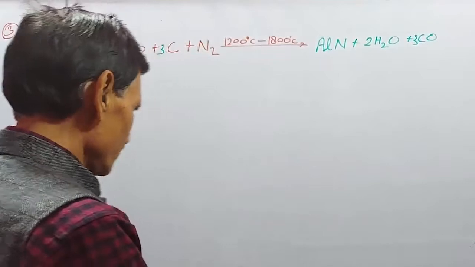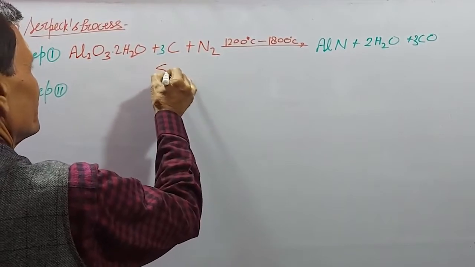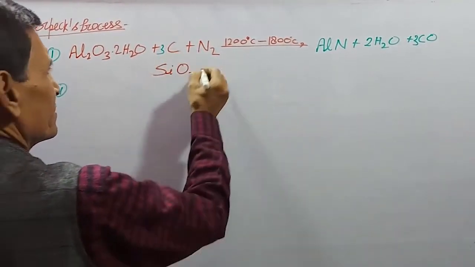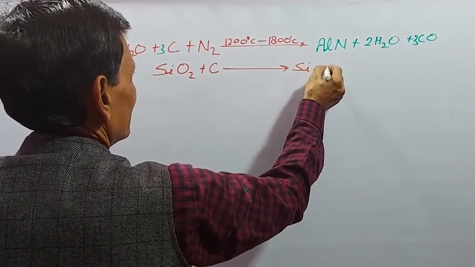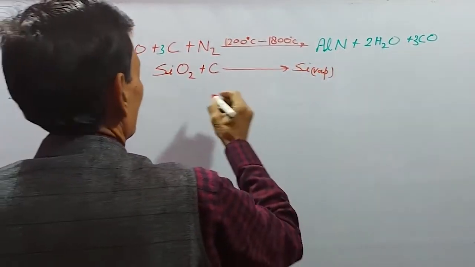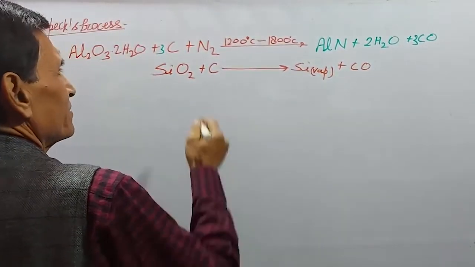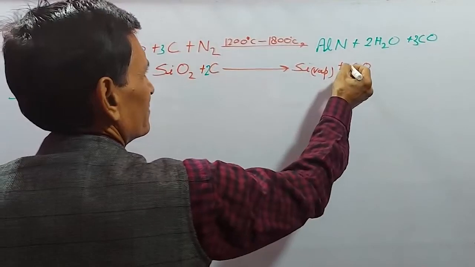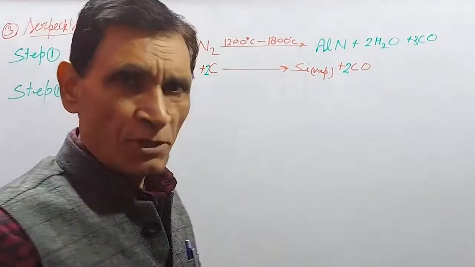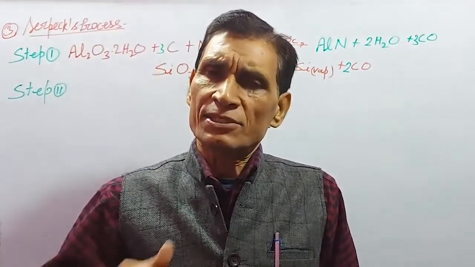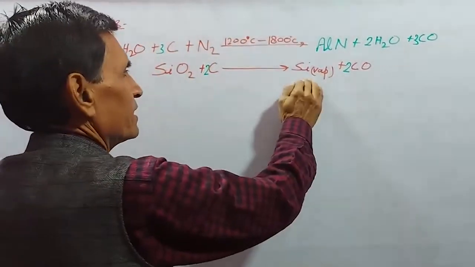That SiO2, in the first step only, present as impurities, is reduced to silicon in vapor state, silicon plus carbon monoxide. This silicon dioxide reduced to silicon vapor volatilizes off, is escaped out, removed in the form of vapor. Now impurities are removed.